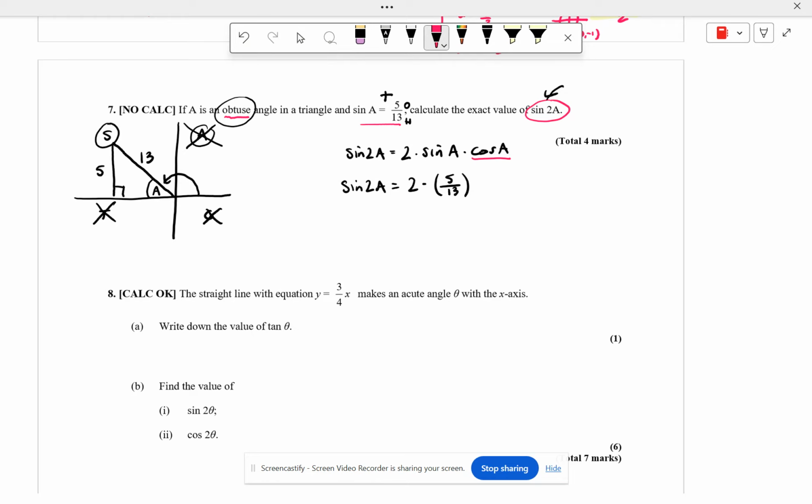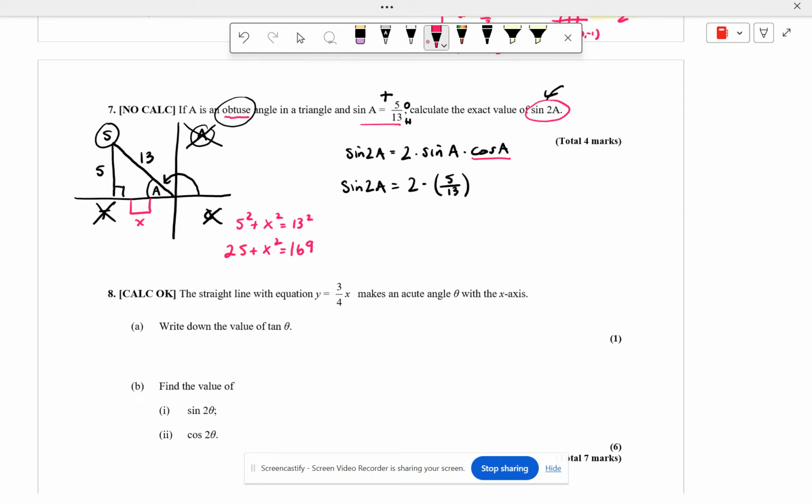Well, in order to calculate cosine for A, I need adjacent over hypotenuse, and the adjacent needs to be figured out. The way that we figure it out from the sketch is going to be 5 squared plus, let's just call it x, x squared equals 13 squared. 25 plus x squared equals 169. Now I could either do the math or I could recognize that it's a Pythagorean triple.